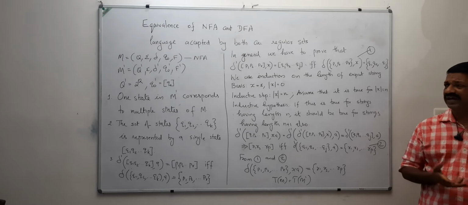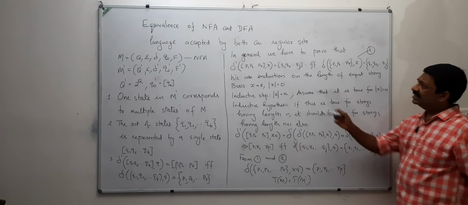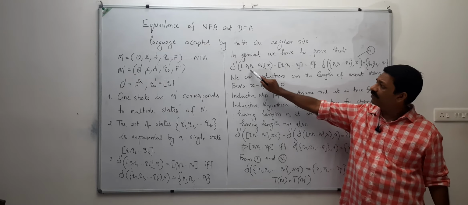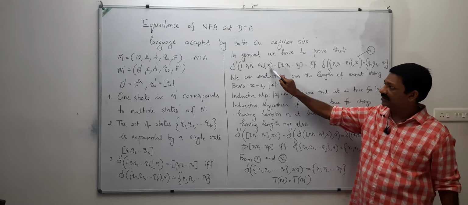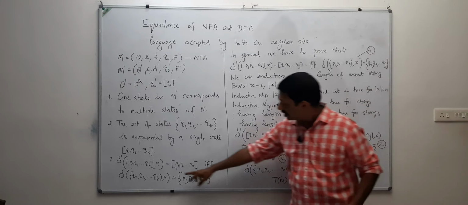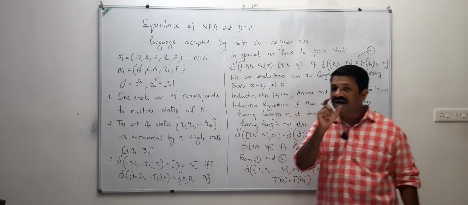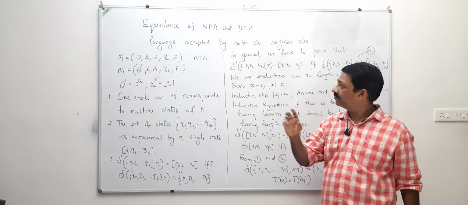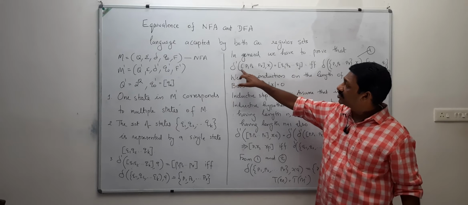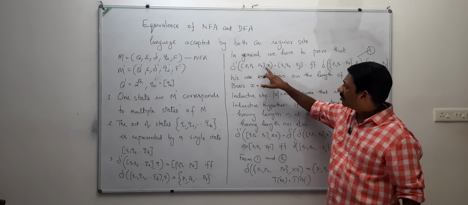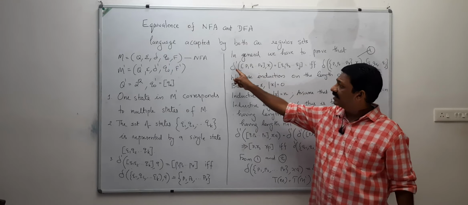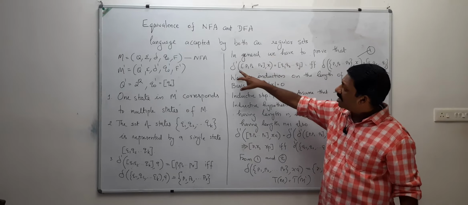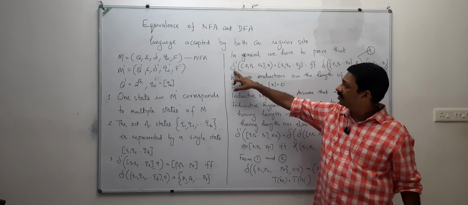Okay, you know that. Here, in general, we have to prove that delta dash of P1, P2, etc. up to PR on X. Here we have A, a single input symbol, but here X is a string. Delta dash is the transition function for the DFA.